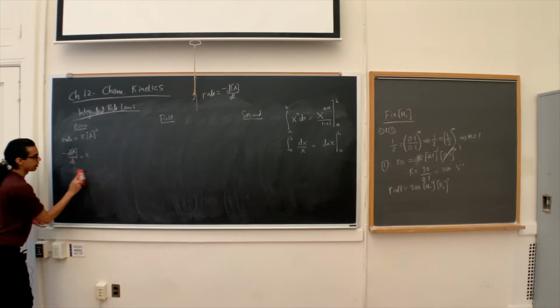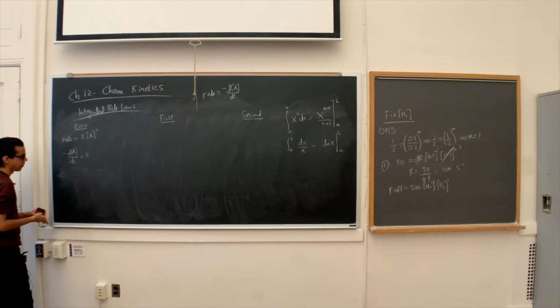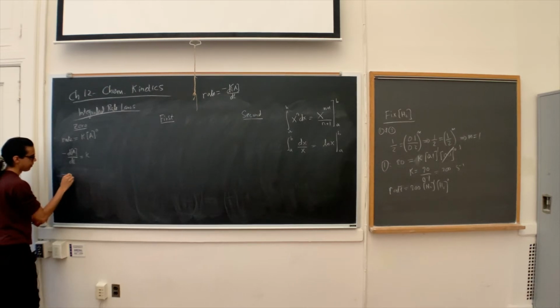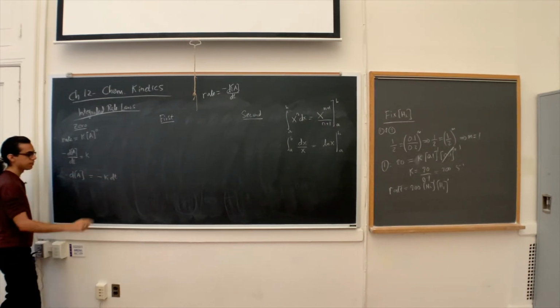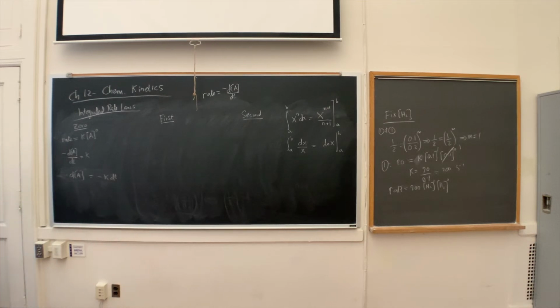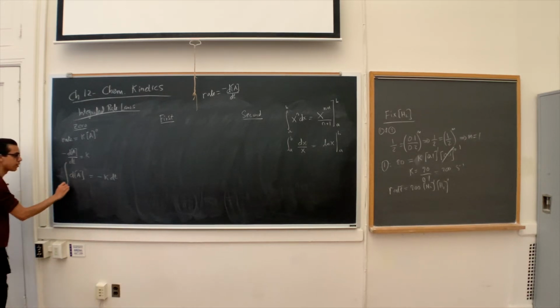Let me just make this a little bigger. And I'm also going to move the negative over. So it becomes negative K dt. Okay? And now let's integrate both sides.